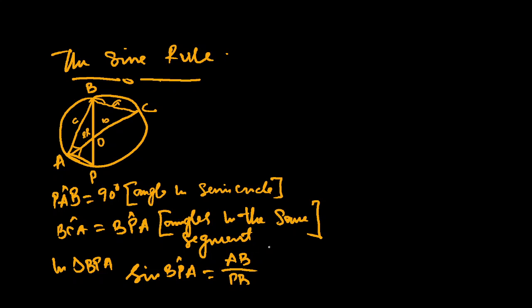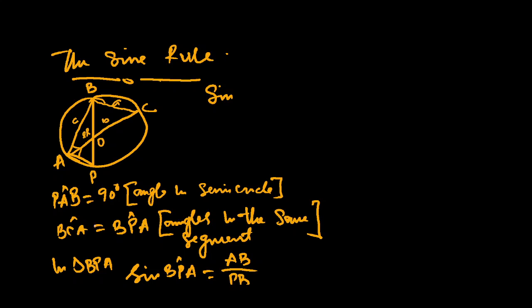Are you getting this now? So AB is c, and PB is 2 radius.